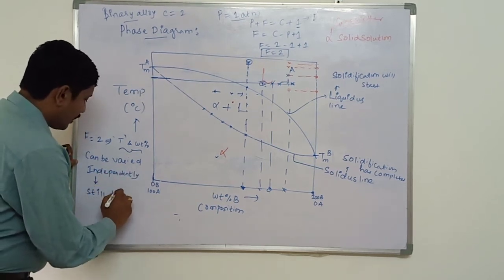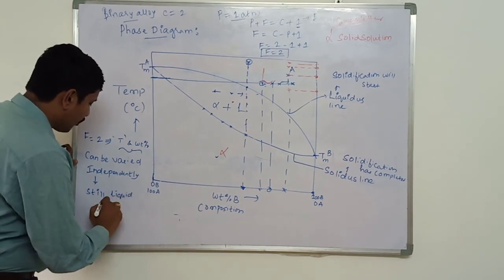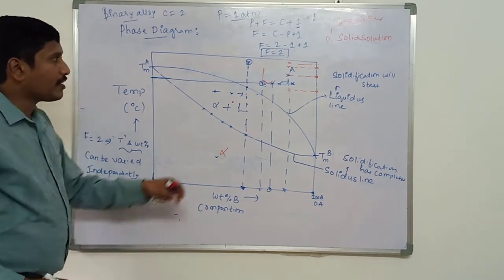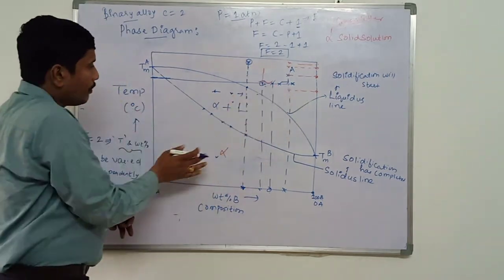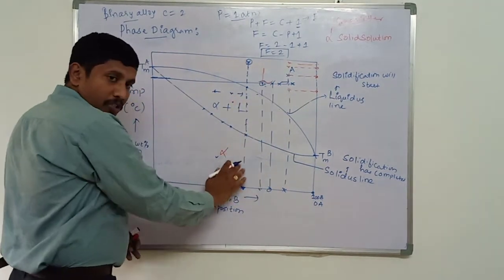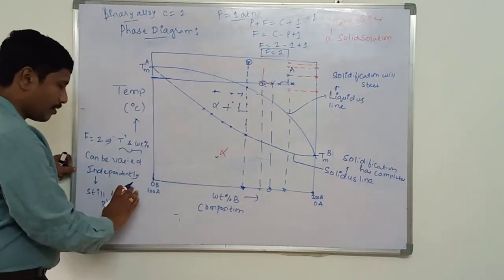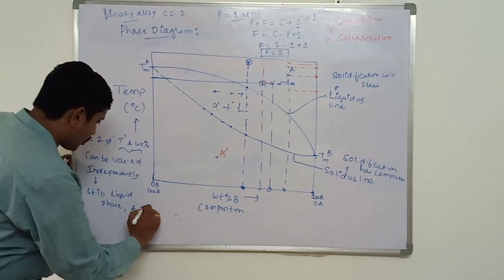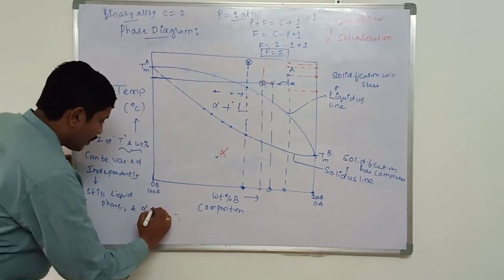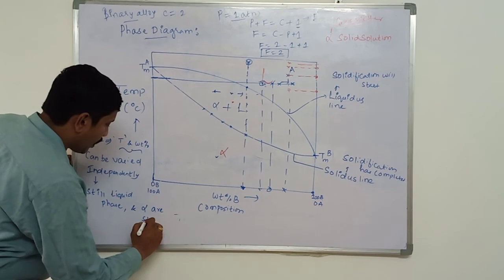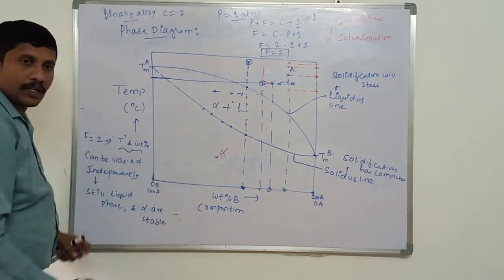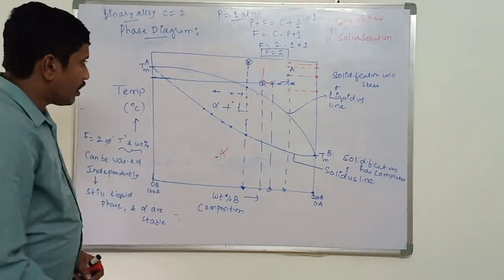Still it is liquid phase in this region, and similarly in this region the solid solution, right? The liquid phase and the solid solution, the one phase regions, are stable, right?